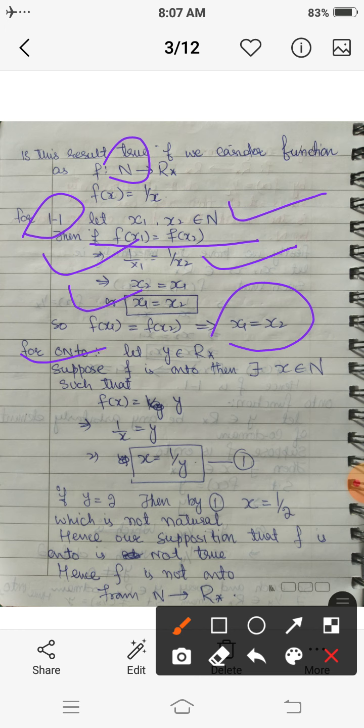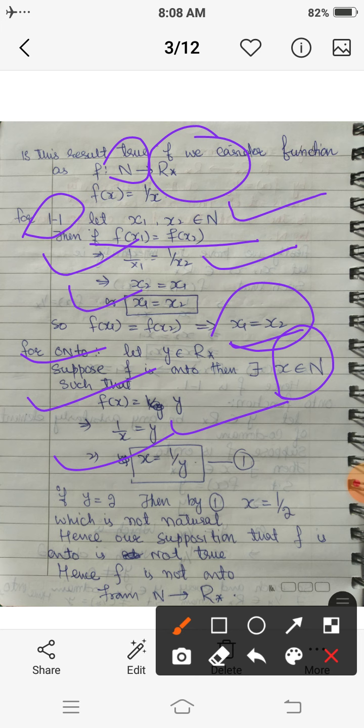Now for onto, by the same procedure, let y belong to R star, meaning a codomain element. Now we have to prove that this is the image of some element from this N. Now if this is onto, there exists x belonging to the first N such that f of x equals y, where we know the y, because this is the element we chose from this R star, and this is fixed, which implies that x equals 1 by y.